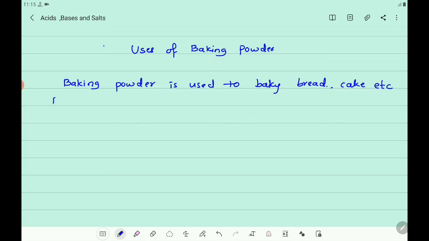Baking powder makes bread and cake spongy.